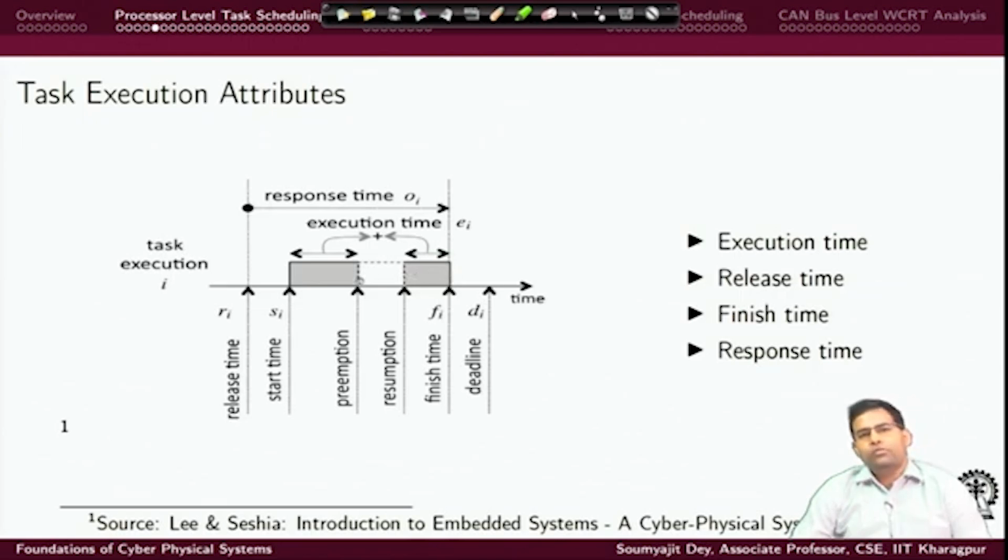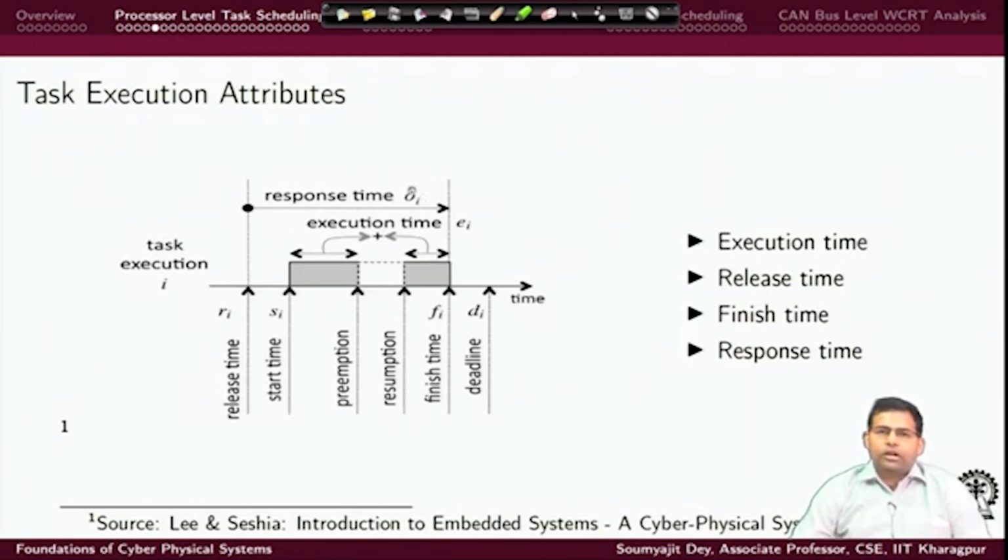In this way, during its execution a task can be preempted multiple times, and eventually when this task instance finishes, that is what we call the finish time, Fi. This interval from the release time to the actual finish time of the task is called the response time. This is an important measurement of task execution.